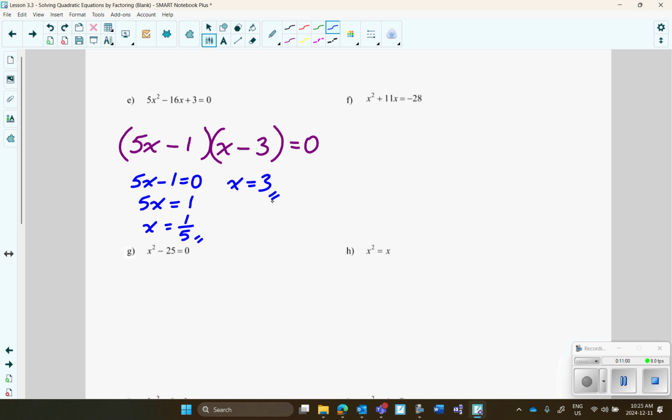What's wrong with the next one? Right. So what do I have to do to make it one side equals 0? Plus 28 to both sides. So I'm going to get x squared plus 11x plus 28 equals 0. Now I'm ready to factor. And it's a trinomial factor.